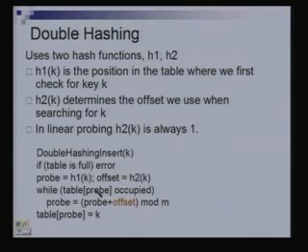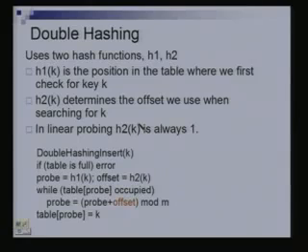If this is also occupied, then the next location is again probe plus offset. So the offset determines how much distance I advance every time I don't see the element that I am searching for.